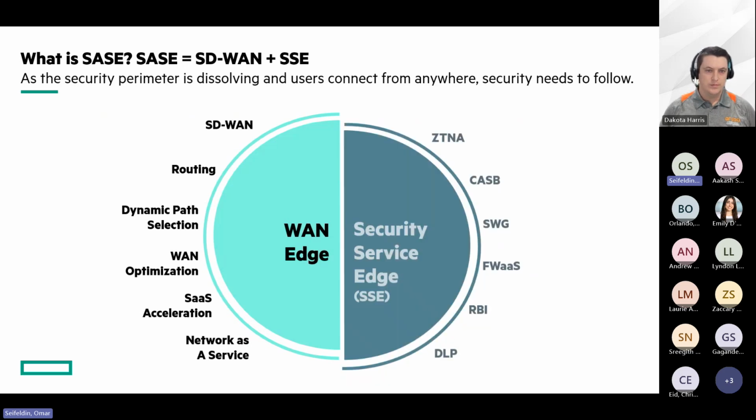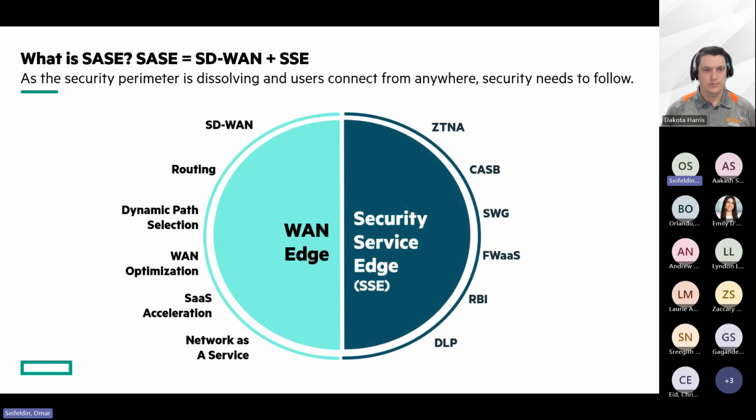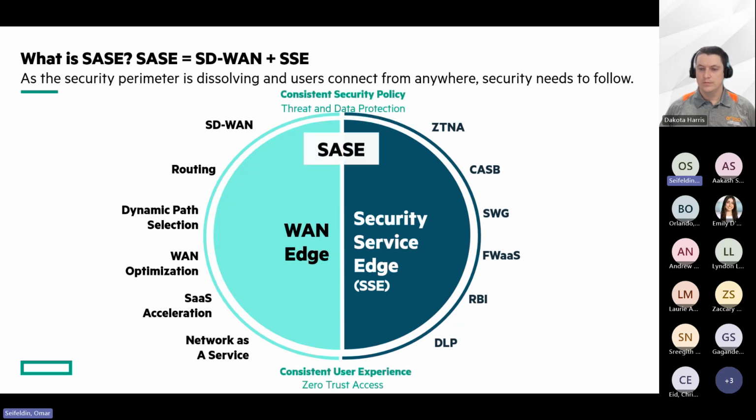And SASE, in short, as I said, combines both the SD-WAN and SSE to deliver a unified network and security solution to help the customers, the enterprise, to transform their WAN and security without compromising the security, and at the same time deliver the highest quality of experience.